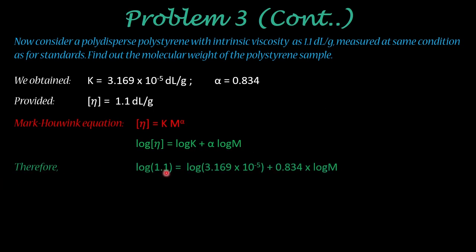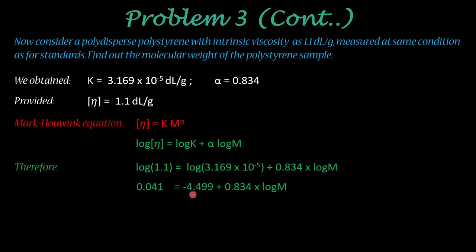Therefore, if we plug in the values, it turns to log 1.1 equal log of 3.169 times 10 to the power minus 5 plus 0.834 multiplied by log M. By simplifying, we get 0.041 from log 1.1.